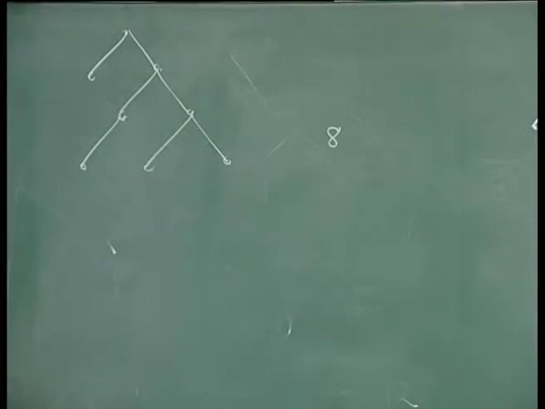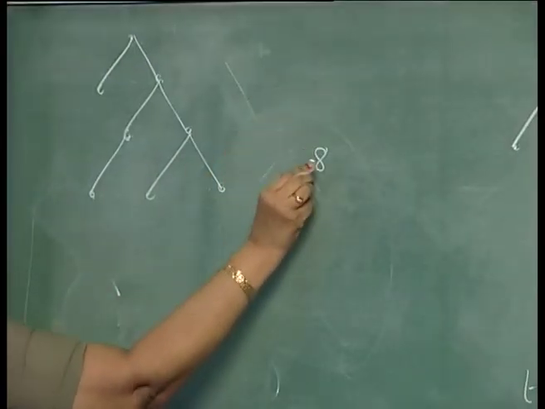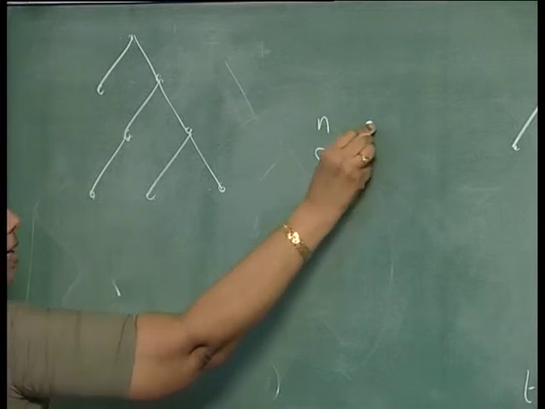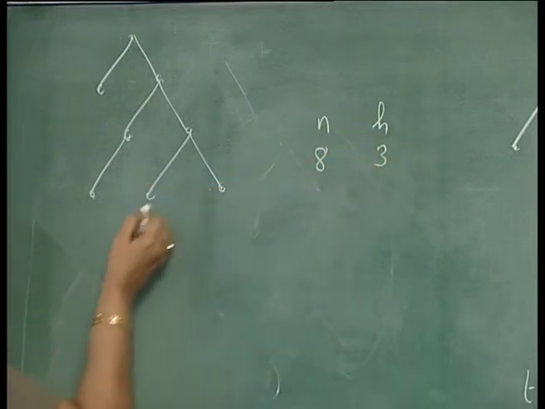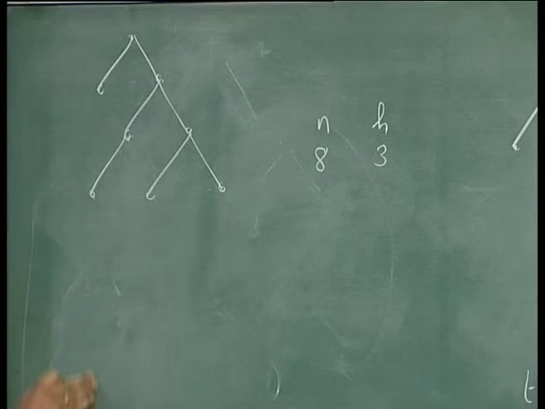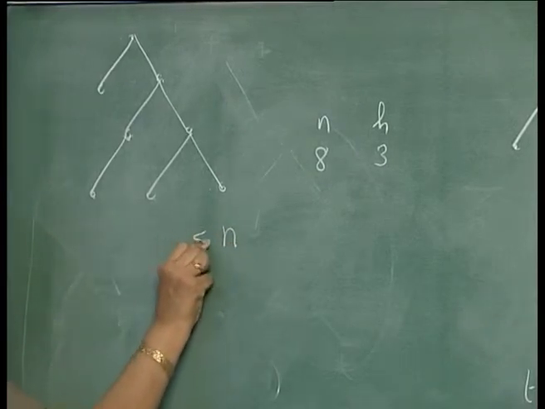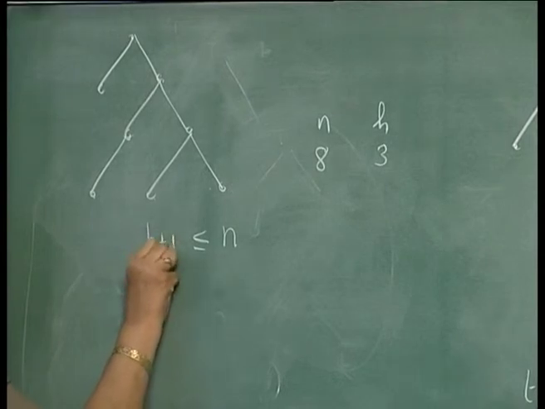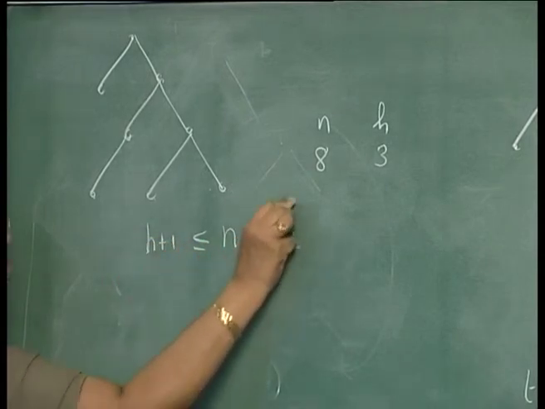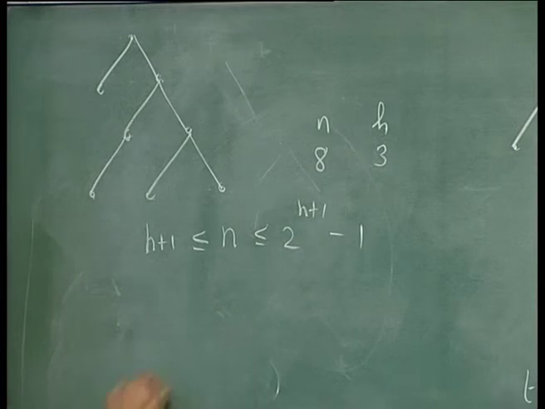What is the height of this tree? 3. N is 8, h is 3 here in this example. Now, in general, n is between h plus 1 and 2 power h plus 1 minus 1.